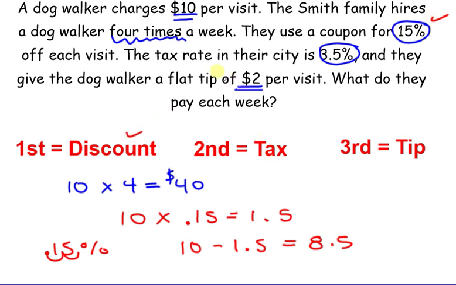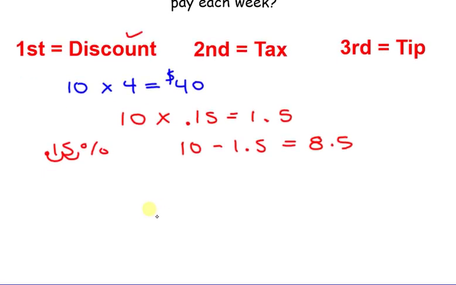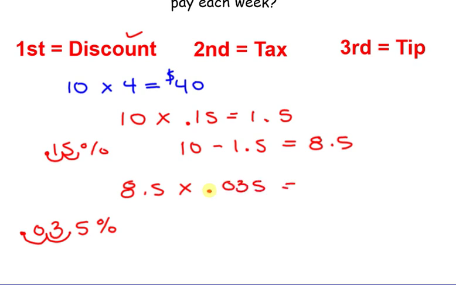Now the tax. The tax rate in their city is 3.5%. So what's my new total? 8.5 times, and I need to do 3.5%, make it a decimal, move it back 2 spots, put a 0 as a placeholder. So times 0.035, go ahead and calculate that. And that's going to give you 0.2975.